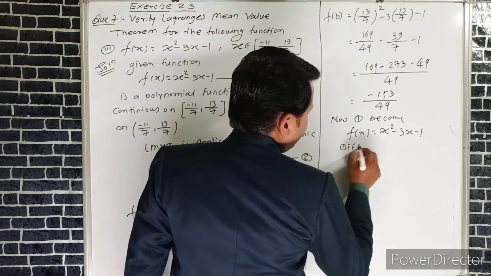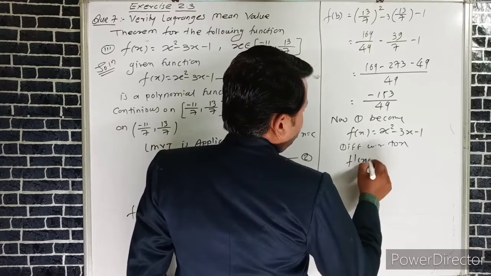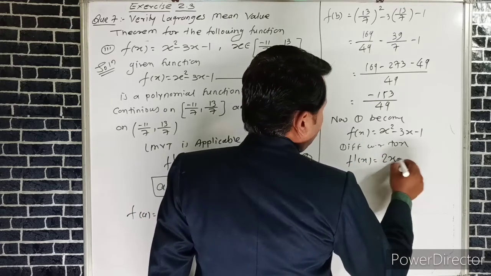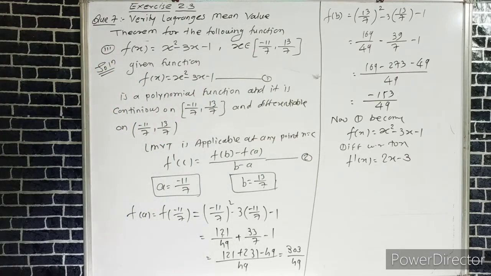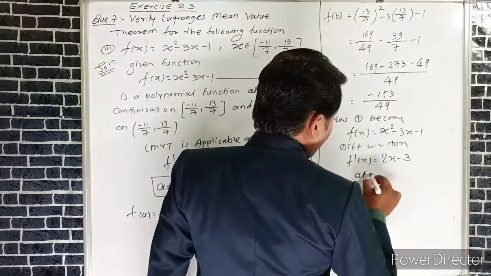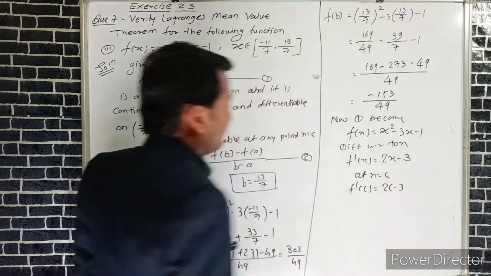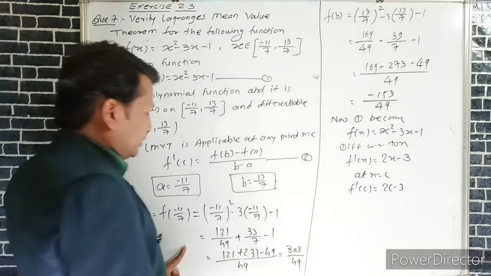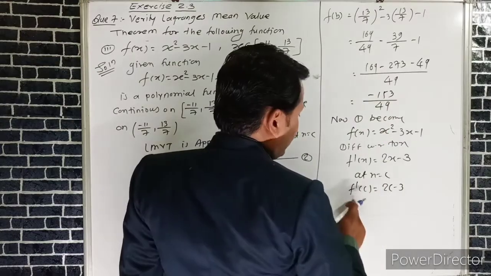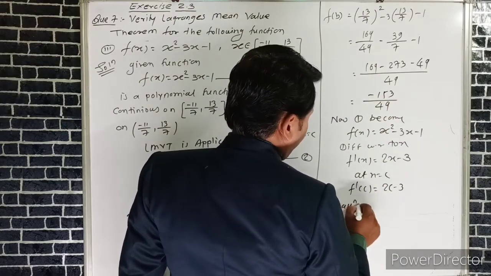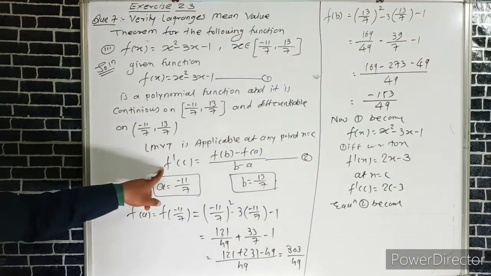After differentiating with respect to x, we can write the derivative of f of x, which is f dash of x, the derivative of x square which is 2x, minus 3 into derivative of x which is 1, and the derivative of minus 1 is 0. So at x equals c, f dash of c is equal to 2c minus 3. Now we put the values of f of a, f of b, and f dash of c in equation 2.